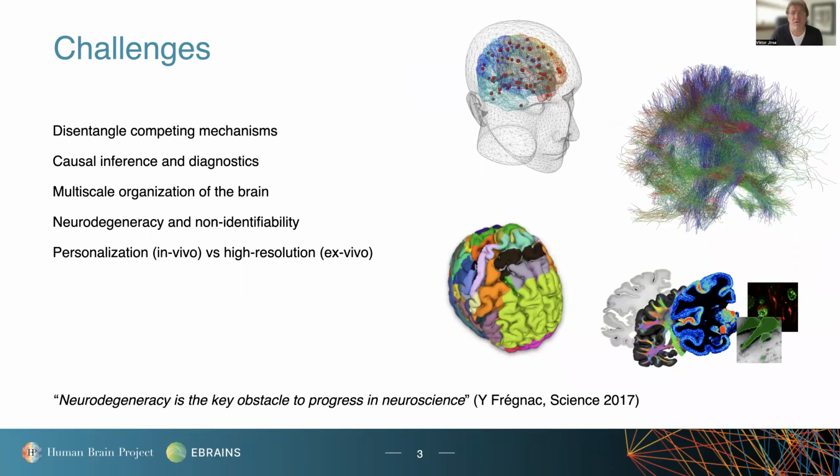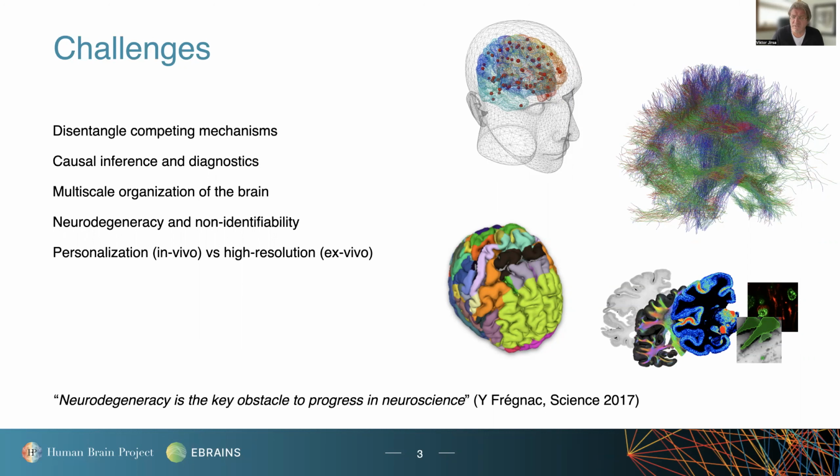Whenever we do neuroscience, we are interested in disentangling competing mechanisms. What this means is the brain is a multi-scale nonlinear system, and there are multiple causes that can give rise to the same type of phenomenon.